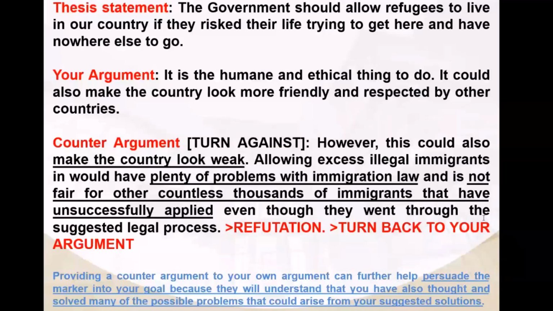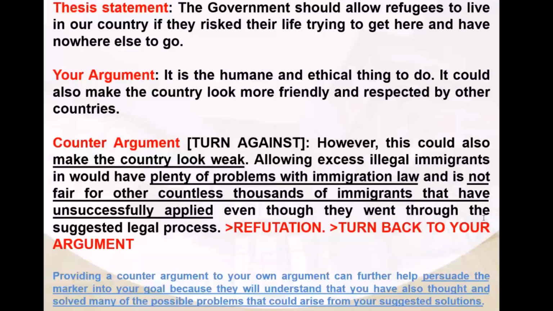I left out the refutation, where you as the student are expected now to fill in that part, where you would attack or counteract or react to the counter arguments raised by those who hold a different view to your views about us looking friendly when we allow refugees to come.